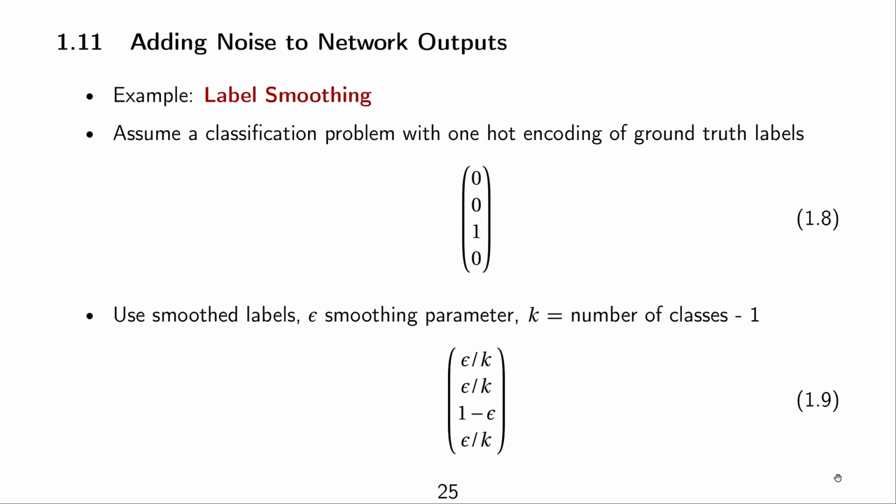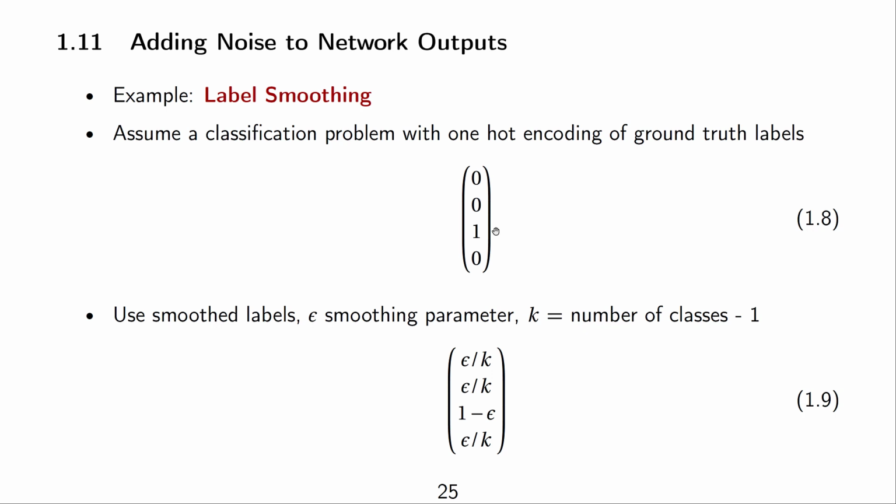This is a general machine learning technique: adding noise to network outputs. I'll just show the example of label smoothing here. Assume you have one classification problem with one-hot encoding of ground truth labels. So maybe the third class is the correct one, so there would be a 0 probability for the other classes and a 1 for the correct class.